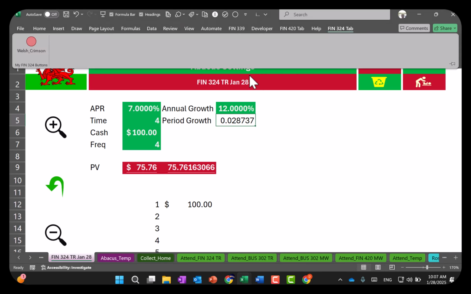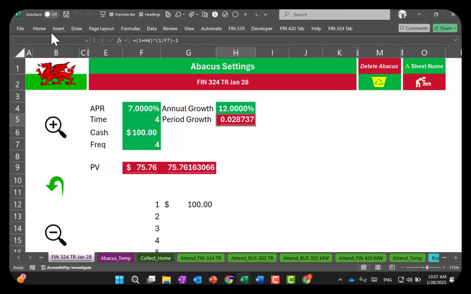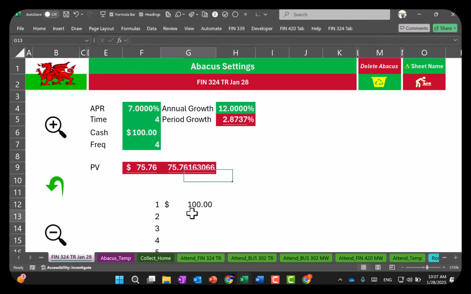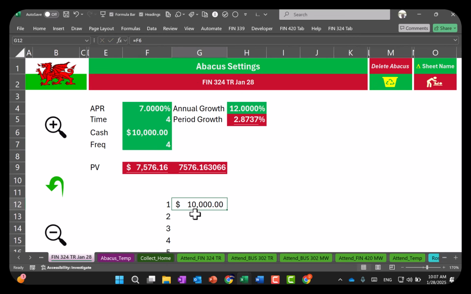And I'm going to make that percent. And let's start this with $10,000. So that's my first payment. My second payment is going to be first payment times 1 plus the period growth. I made sure that is indeed a fixed reference because I'm going to copy this formula down.